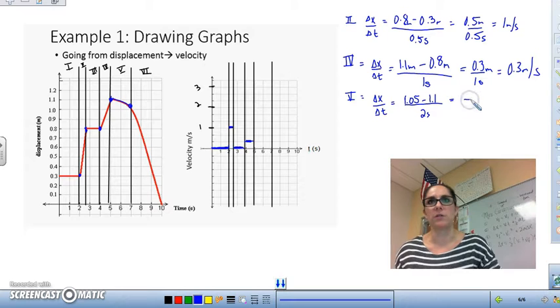So this gives us our first negative number. 0.05 minus 1.1 gives me negative 0.05, divided by 2 gives me negative 0.025 meters per second, like that.